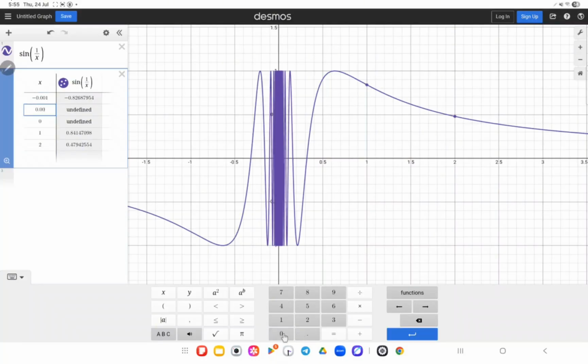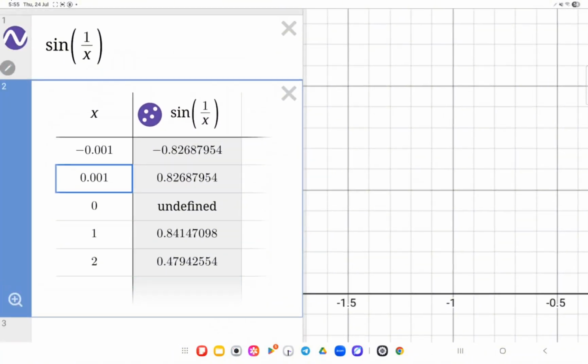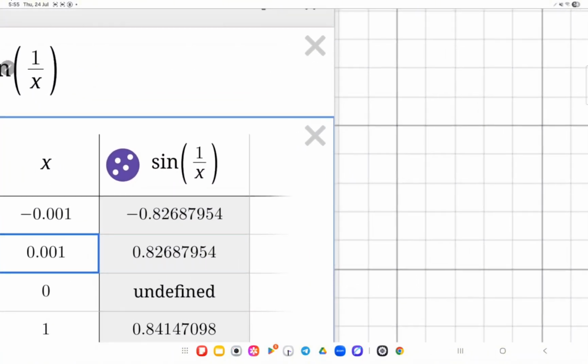So 0.001. Look at these values. Look at how different they are, from negative to positive. This means we have an oscillating behavior. Limit does not exist. That's what it means.